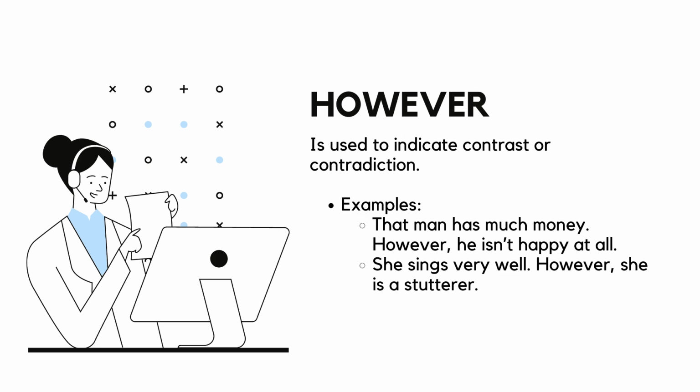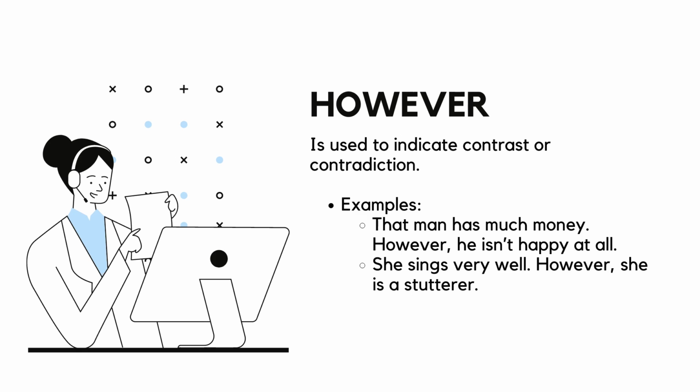And the second one is, she sings very well, however, she is a stutterer. In both the examples, it is seen that two contradicting ideas are joined using the word however. Also, we use a comma after writing however.